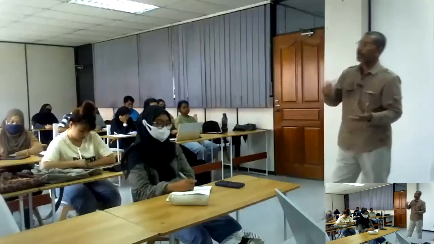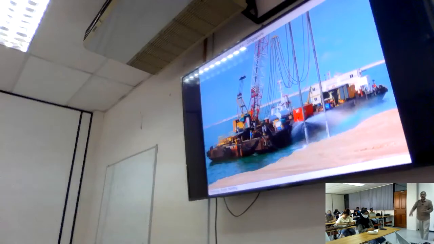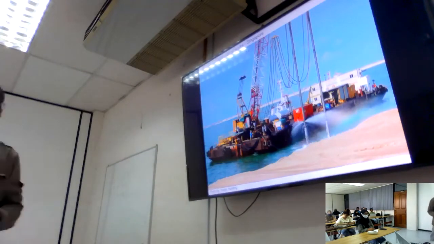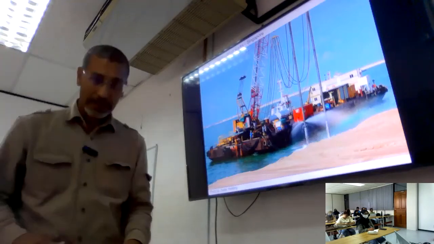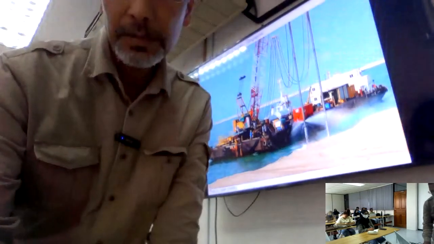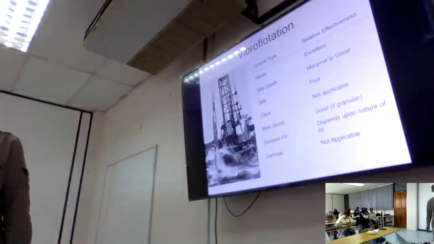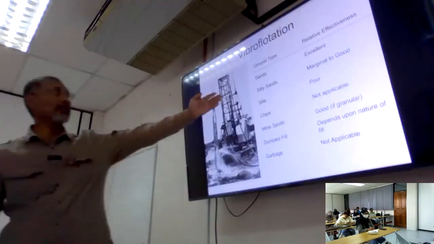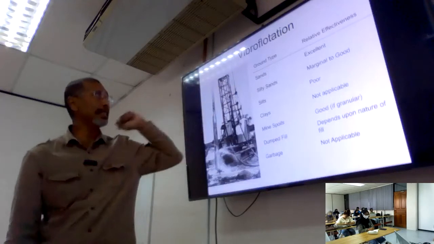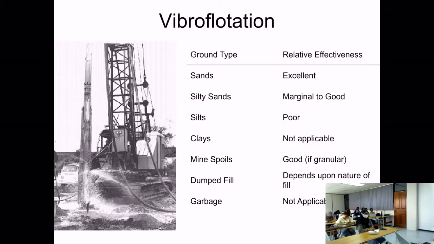Most of the time you pump from the ship or pump from the sea. So you need to compact them using this. In this case, it is vibro flotation. This is good for sandy type of soil. Not applicable for clay. You try to vibrate things in clay, you will get stuck inside there. Right?